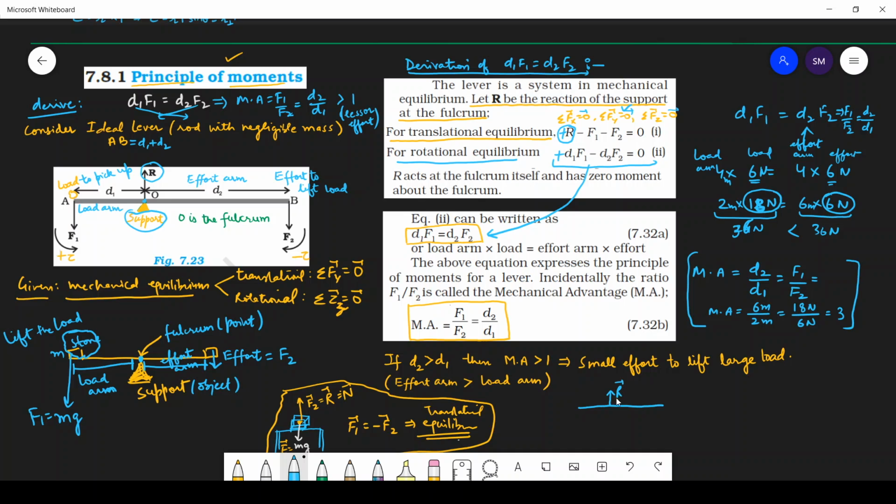This is R. This is F1. And this is F2. This rod is in complete equilibrium. It is not moving anywhere. It is like you have placed a pen on the table. It's in equilibrium, so there is translational equilibrium.